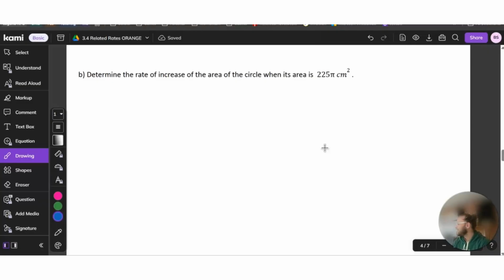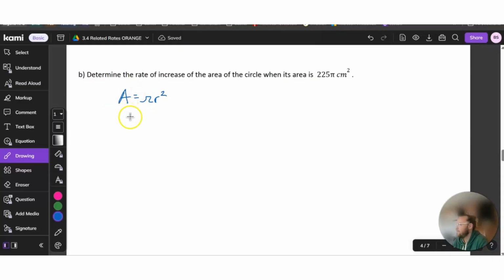It was pi r squared. Pi r squared. Okay, so then I need to take the derivative, right?